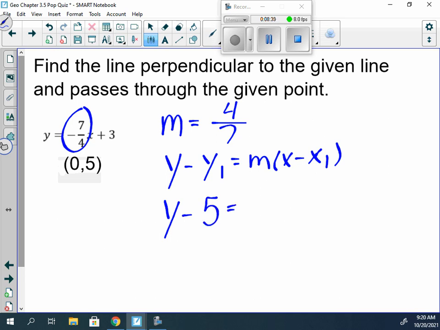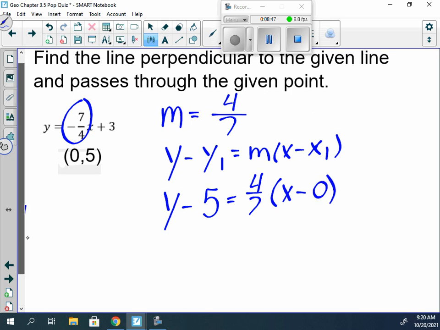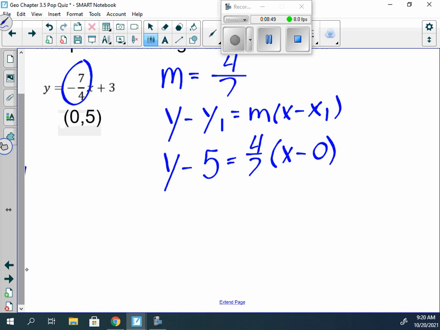The slope is 4/7 times x minus 0. Interestingly enough, on this one, it actually works out. Even if you have the wrong slope, you'll still get the correct y-intercept because of the 0. Because we don't have any negative negatives, but when we multiply through, this will still be y minus 5 equals 4/7 times x.